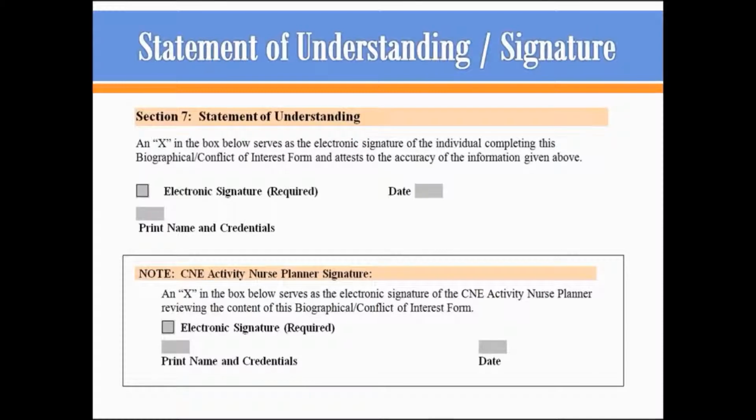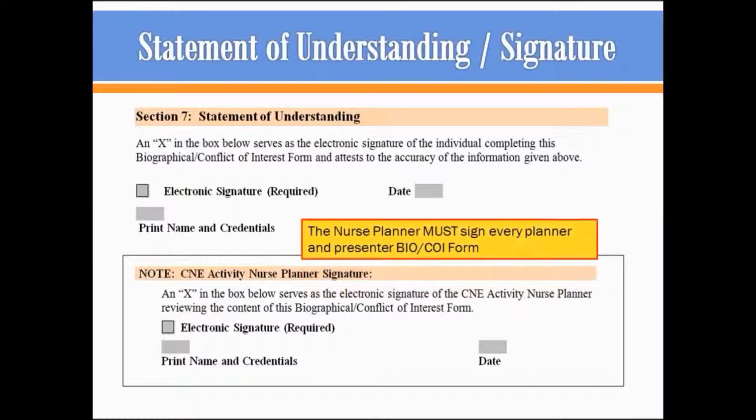The statement of understanding in section 7 has an electronic signature for the person, either the planner or the planning committee members, to complete and sign off on. And as you'll see on this section, the nurse planner now must sign every planner and presenter bio form.